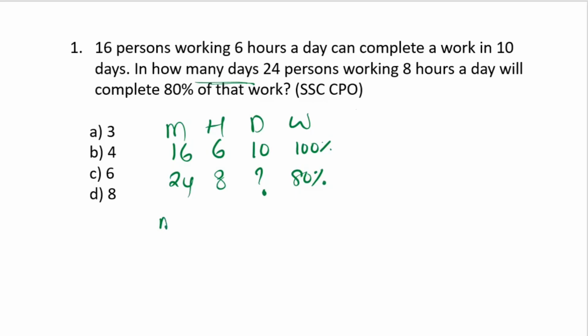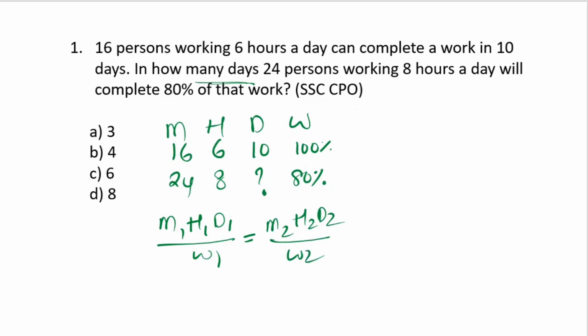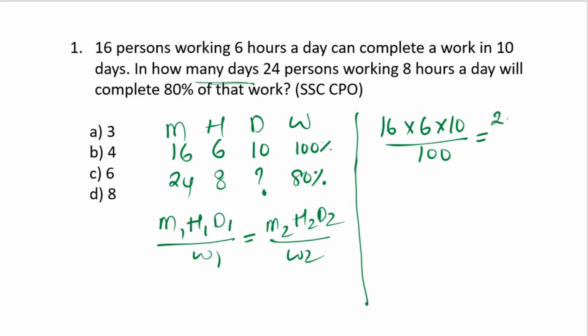So substitute in that formula M1 H1 D1 by W1 is equal to M2 H2 D2 by W2. M1 is 16 into 6 into 10 by W1, which is 100%. And here also the same, 24 into 8 into D, which I don't know. I have to find it out, and it is 80%.